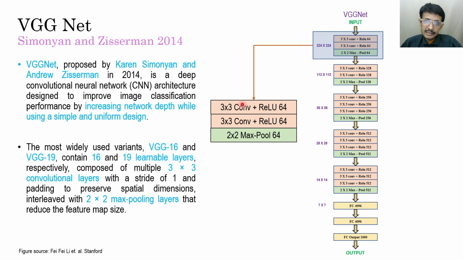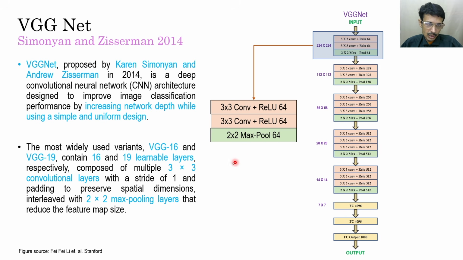And this is the concept of multiple convolution layers, a very interesting design style, where multiple consecutive convolutional layers are placed with stride 1, and then a 2 by 2 max pool layer.